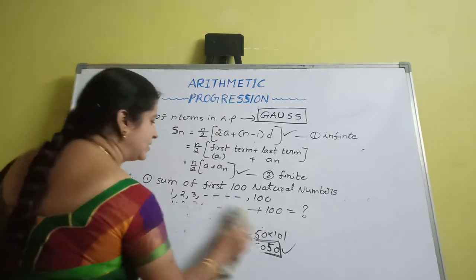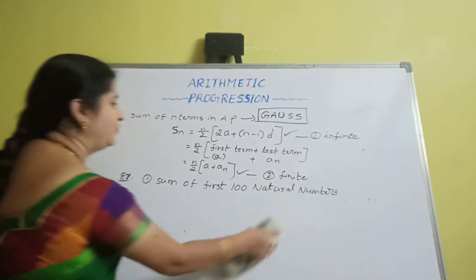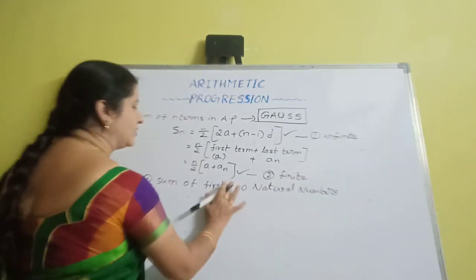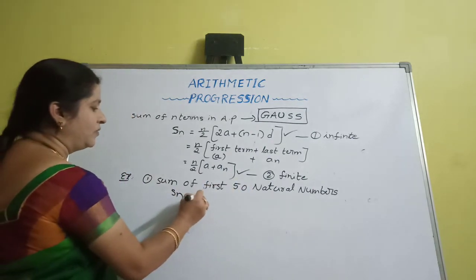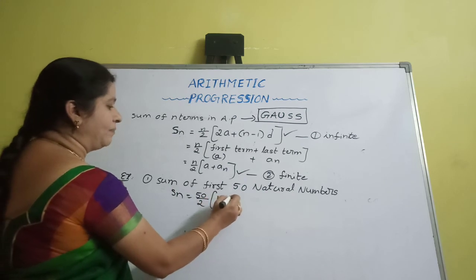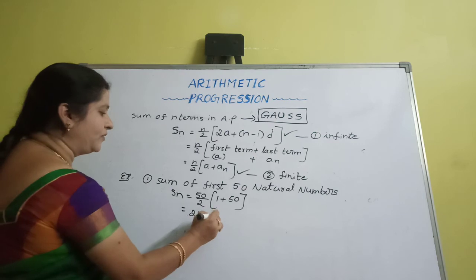So many examples are there. Sum of 1 to 50 natural numbers, sum of first 50 natural numbers. So here n value 50, you have to take n by 2 into a plus an: 50 by 2, 25 into 51.